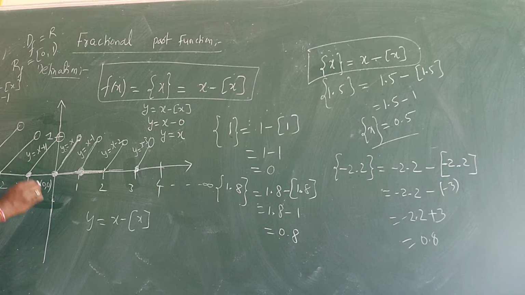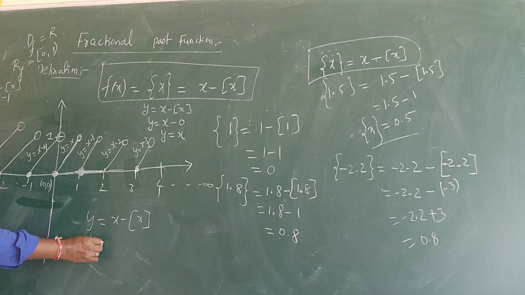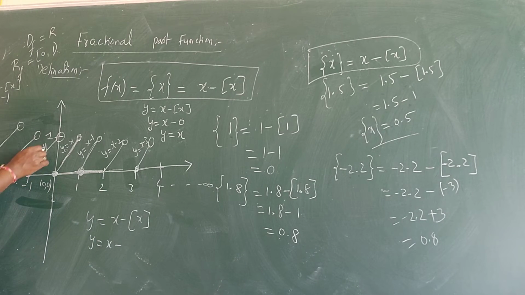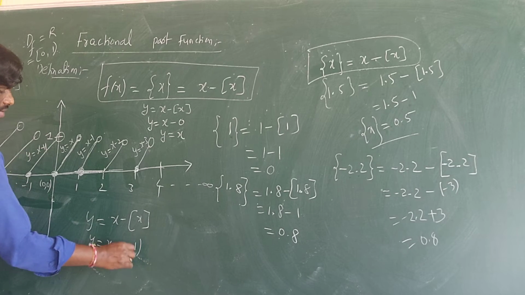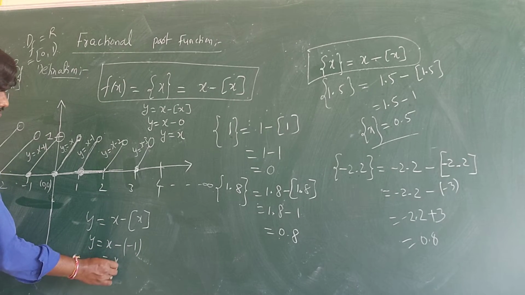That's why I explained the greatest integer function. In this case y is equal to x minus, and the greatest integer from here to here, except 0, for any input is minus 1. So minus into minus will become plus.